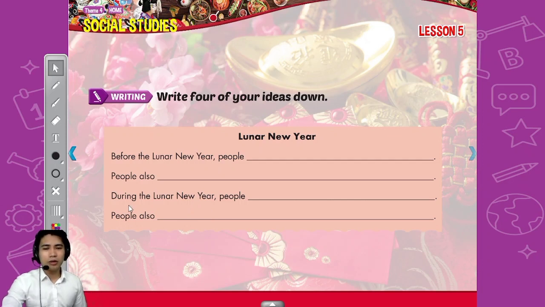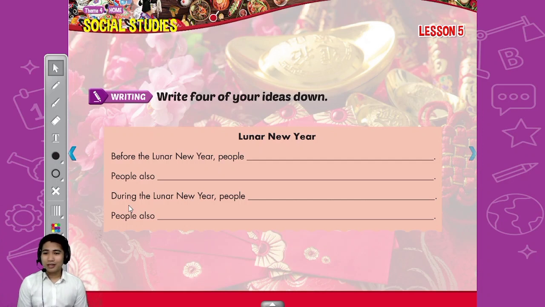Okay, I'll give you an example. Before Lunar New Year, people will get a haircut, and people also visit a flower market.